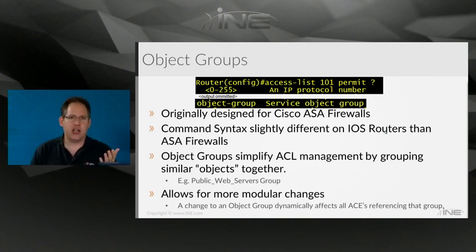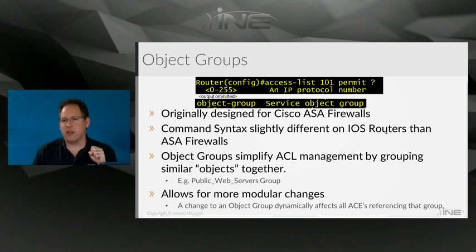I'll have to schedule a change time at 4 o'clock in the morning, go in there, temporarily shut down the physical interface, modify my 10 lines of ACEs, and then re-enable the interface again. That's the way to accomplish that.